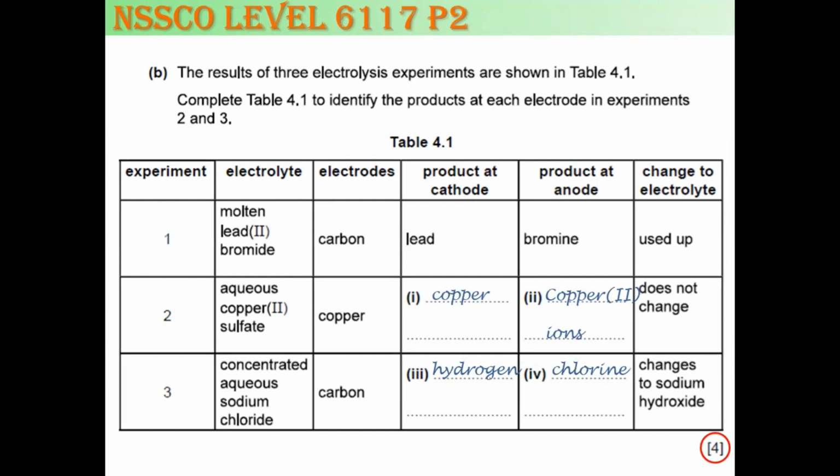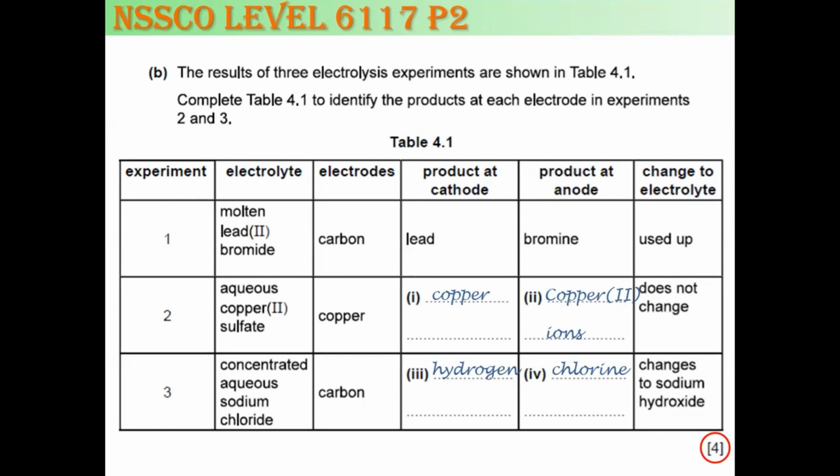So when you look at experiment 2, you realize that the electrolyte does not change, which basically tells us that none of the ions in solution are actually discharged. So this means that the copper ions in the solution remain, the hydrogen ions remain in solution, the hydroxide ions remain in solution, and the sulfate ions remain in the solution.